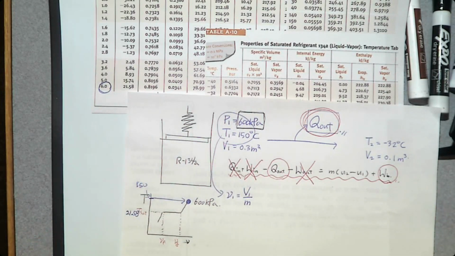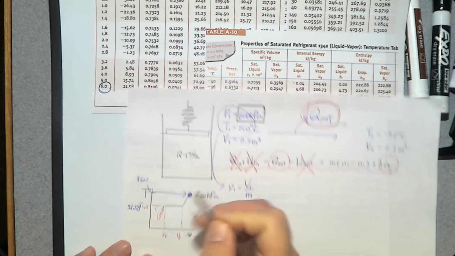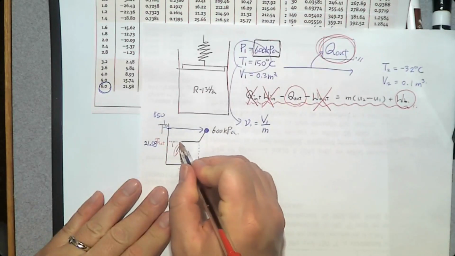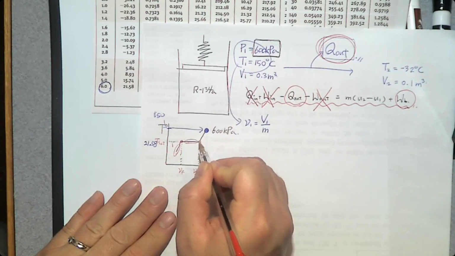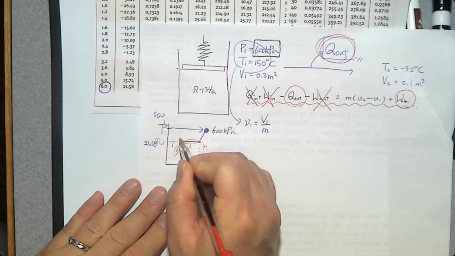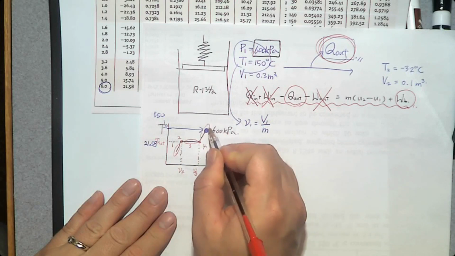Now, what is the phase change process at this location? 1, 2, 3, 4, 5. Here is 1, compressed liquid. Here, this point is saturated liquid, saturated mixture, saturated vapor, and superheated vapor.